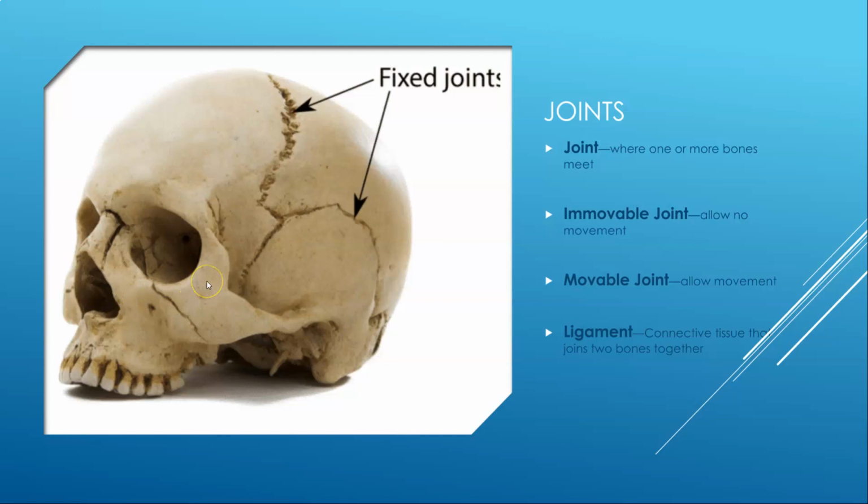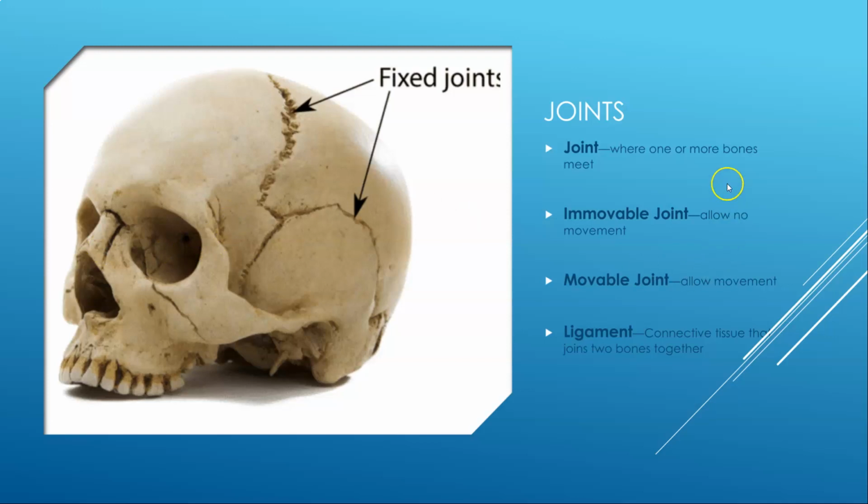All right, the final thing to talk about. There are many different topics that I won't be able to get to today, but there's a lot of vocabulary in this unit, particularly with this next part, with joints. You have 206 bones in your body, and most bones will end up meeting another bone.